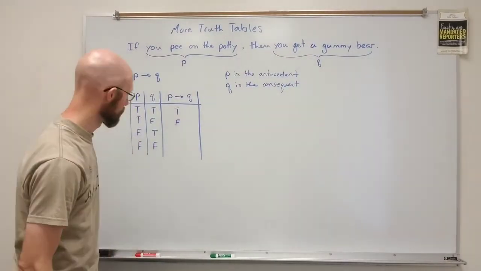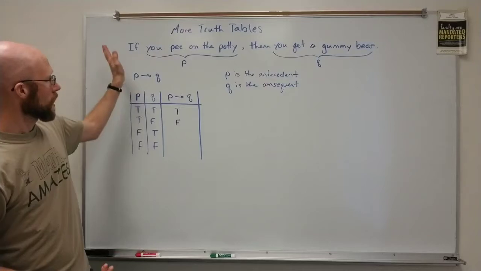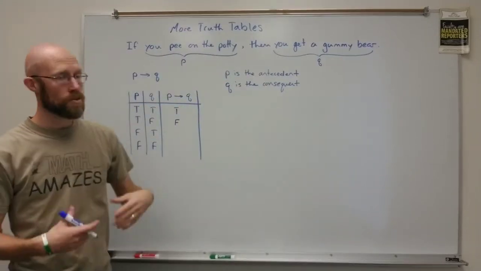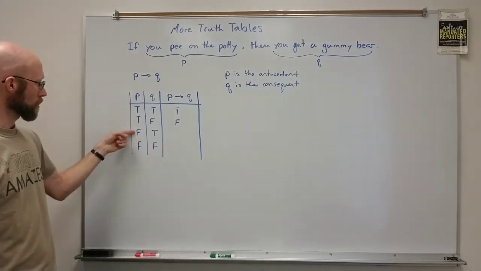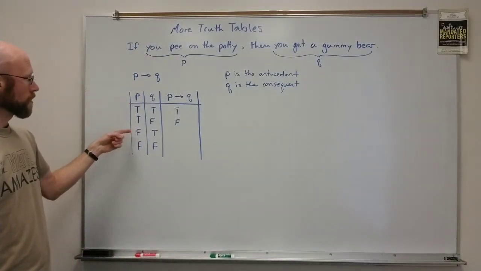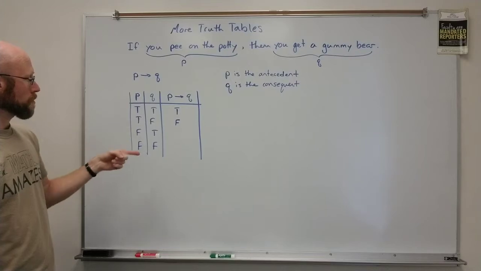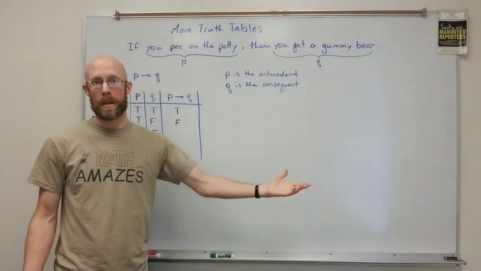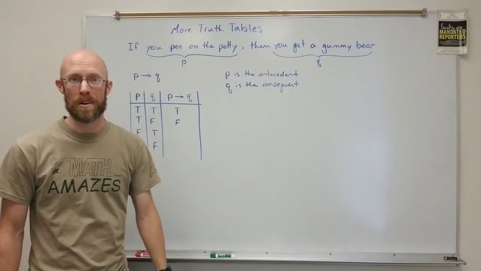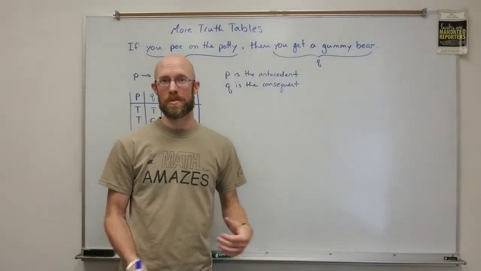That would be bad. Now let's say I gave this statement, if you pee on the potty, then you get a gummy bear, and she never peed on the potty. Then, let's say she didn't pee on the potty, but I still gave her a gummy bear. Is that wrong? Well, no, maybe I gave her a gummy bear for something else. Who knows? Maybe I was just being generous one day.